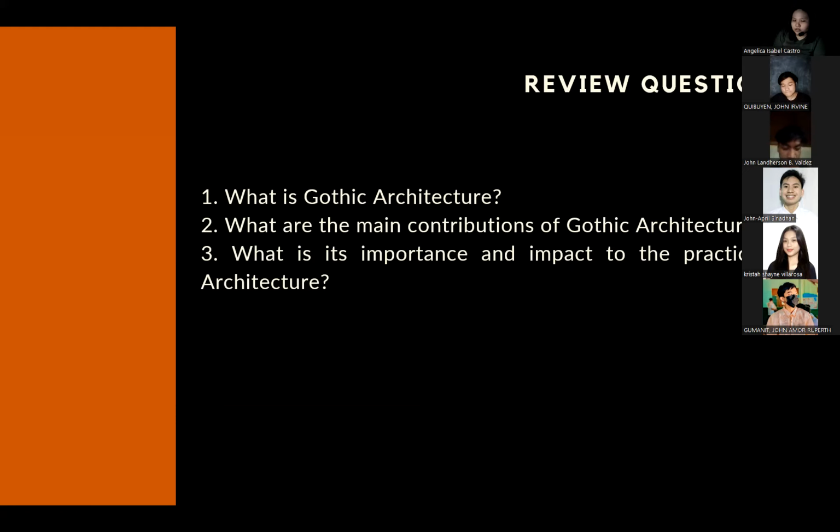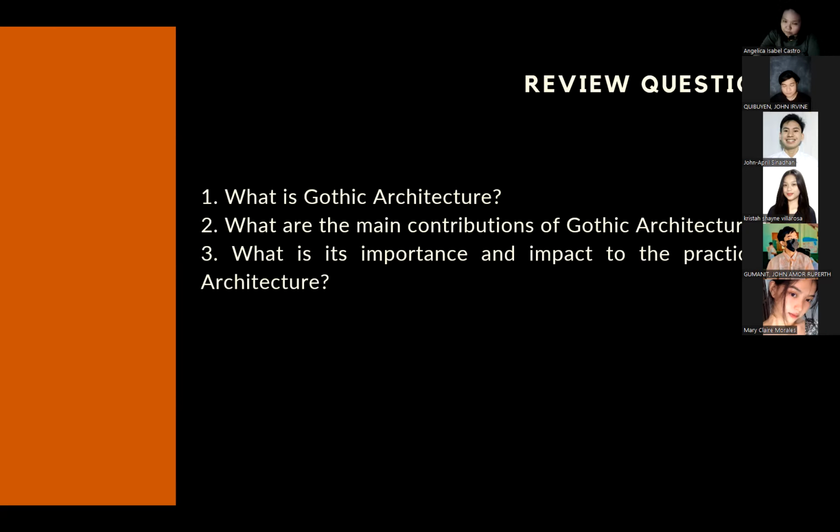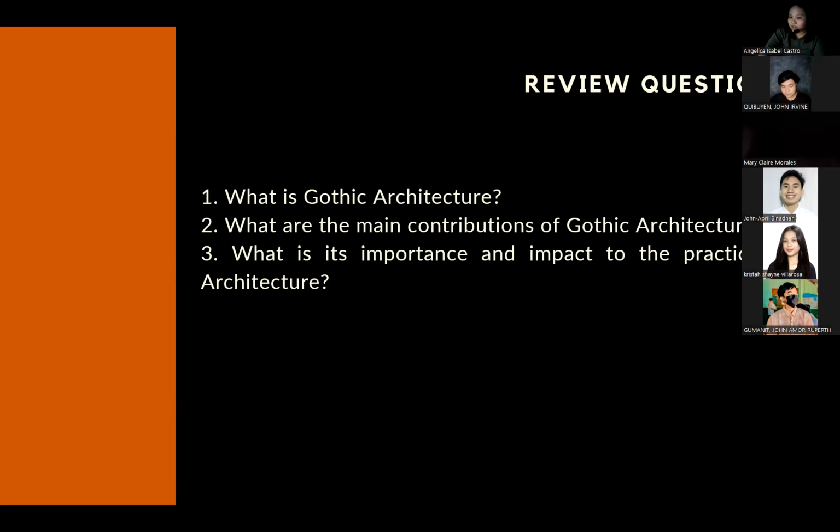Because when you look at Gothic architecture, you'd probably be seeing the following identifying characteristics, such as many pointed arches, the building has many spikes in short, and it's more rigid. And what they wanted to do is, when you enter inside, you'll feel the light. It wasn't as solemn as your Romanesque building, but this is part of the development, that it's brighter inside and more airy. So the third question is, what is its importance and impact to the practice of architecture for you?